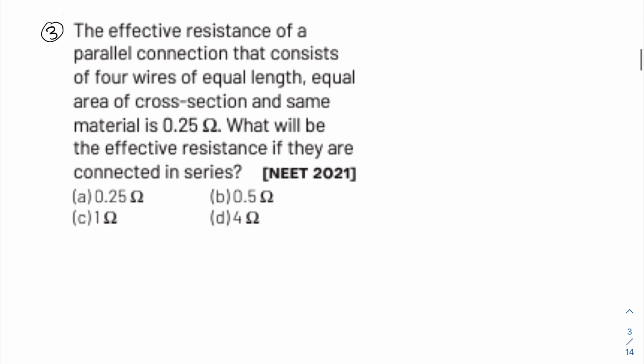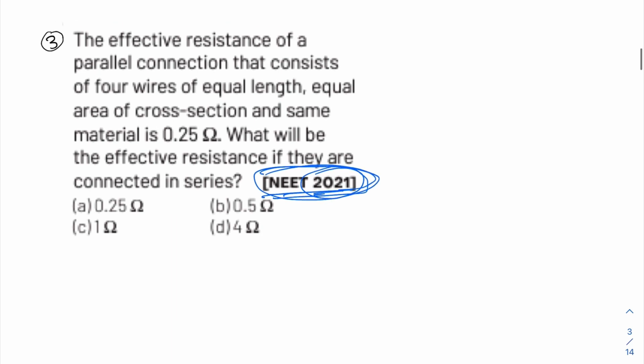This third question is a previous year NEET question, a recent one, the 2021 NEET question. In this question, the given is: the effective resistance of a parallel connection that consists of 4 wires of equal length, equal area of cross section and same material is 0.25.